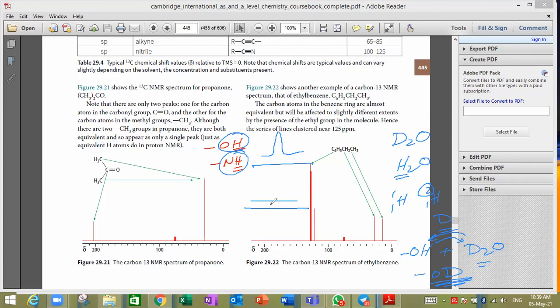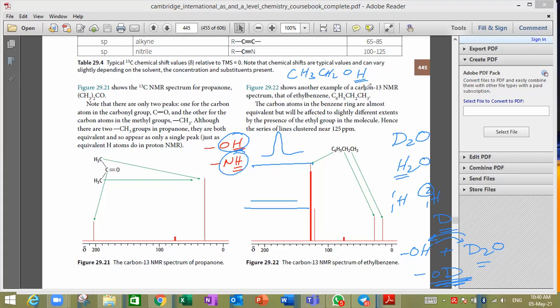Okay, fine, I got it. And Miss, also when we have, for example, CH3CH2OH, the OH doesn't depend on the other carbons, right? Yes. For OH, you would have a single peak.